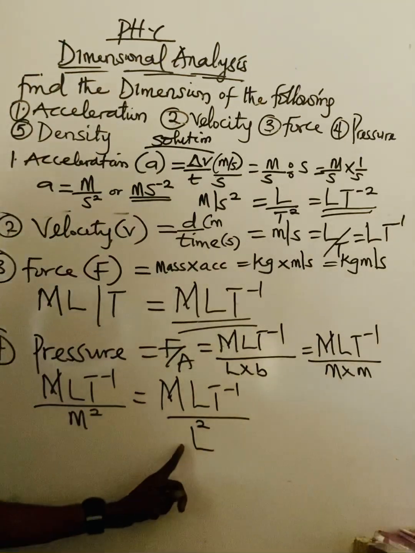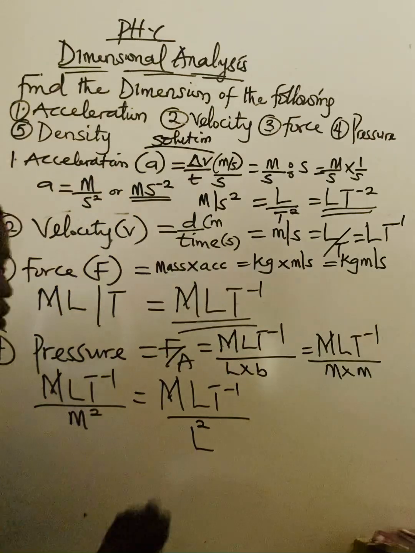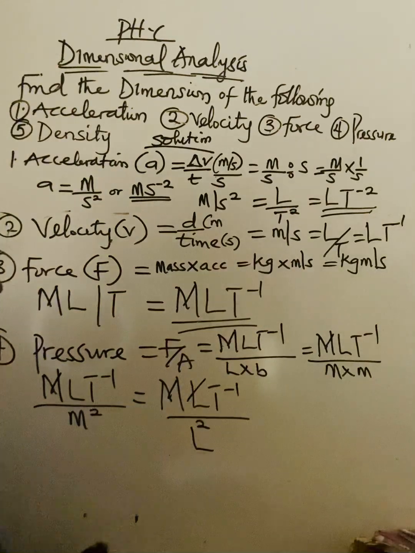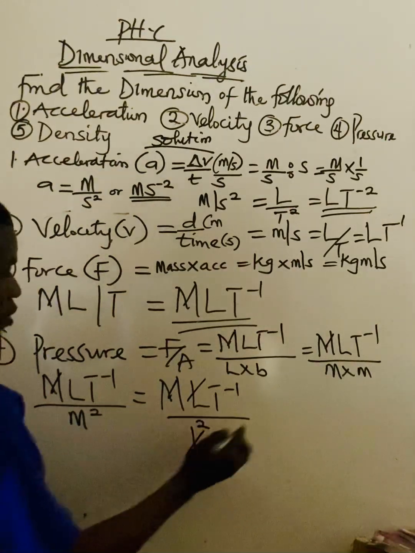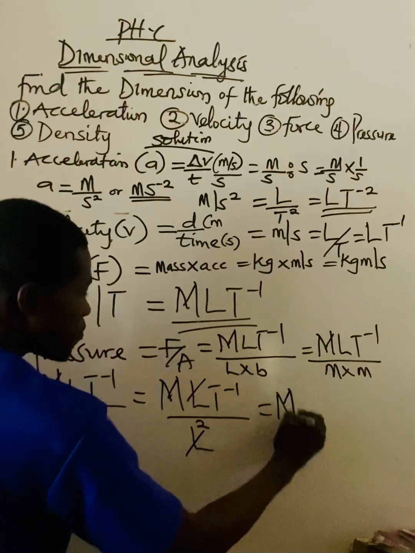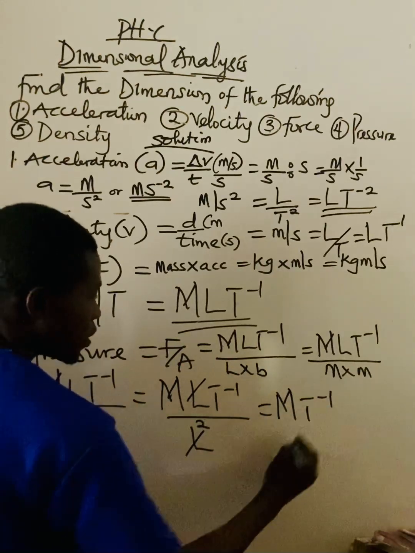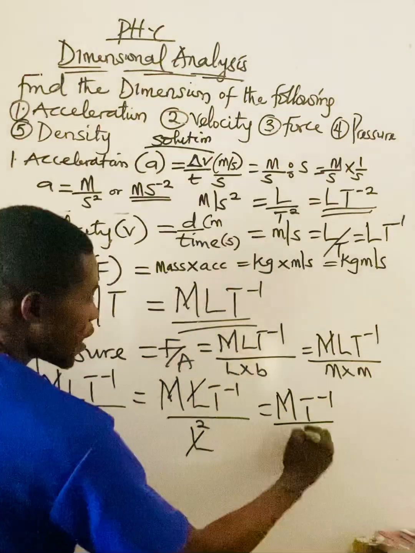Here, one L goes into L square, so we are going to have M T to the power minus 2 all over L.